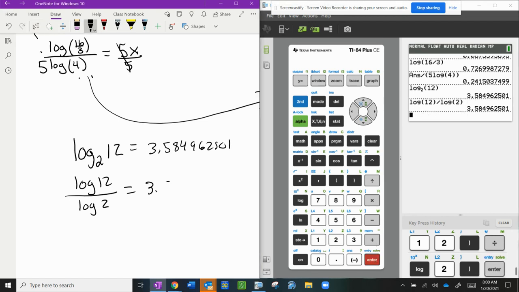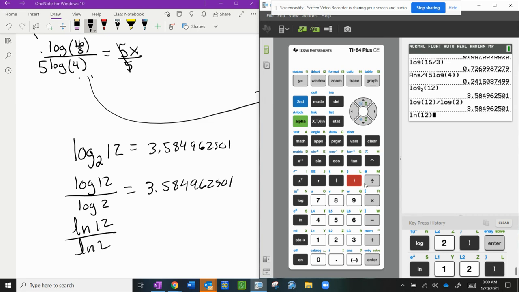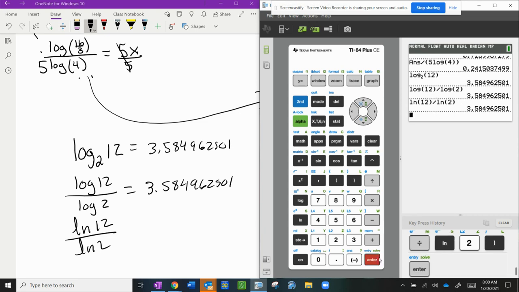Notice on my calculator, I get 3.584962501. I can change this into any log. I can do natural log of 12 divided by natural log of 2. This is called the change of base formula. Okay, and I get the exact same answer.